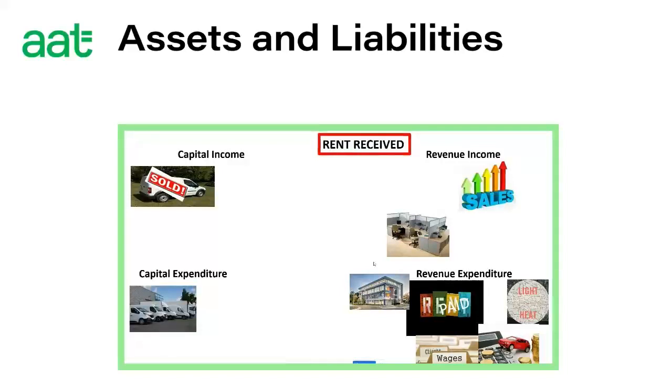Yeah, it's classed as revenue income because it's not like you're selling anything, so it can't be capital income. You're not selling the building. What you're doing is renting out an office space, which is regular revenue coming in. Capital income is quite specific and normally a one-off, whereas rent received is a regular income coming in.